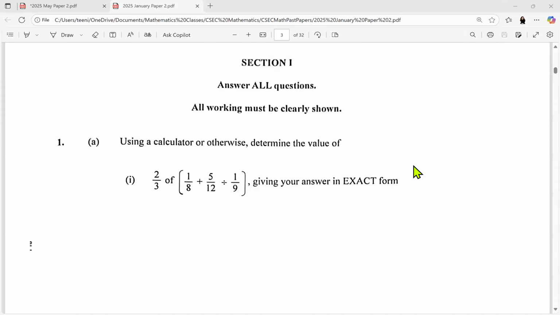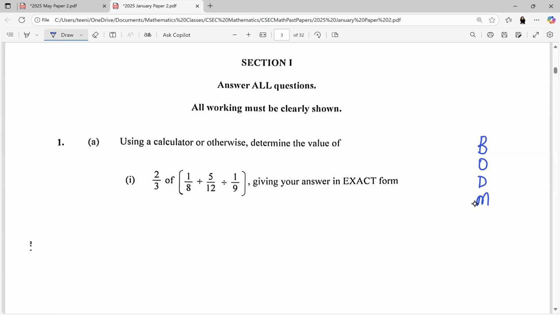It says using a calculator or otherwise, determine the value of 2/3 of 1/8 plus 5/12 divided by 1/9, giving your answer in exact form. Again, we have to use BODMAS, right? By the laws of BODMAS, the order of operations, brackets come first, then exponents or order.